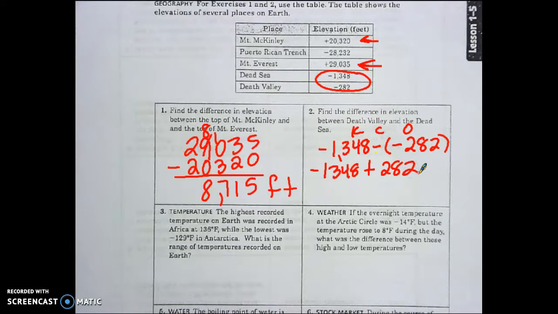Now my signs are different, so I subtract. 1,348 minus 282. 8 minus 2 is 6. 14 minus 8 is 6. 2 minus 2 is 0. Bring down your 1. The bigger number is negative, so that is negative 1,066 feet.